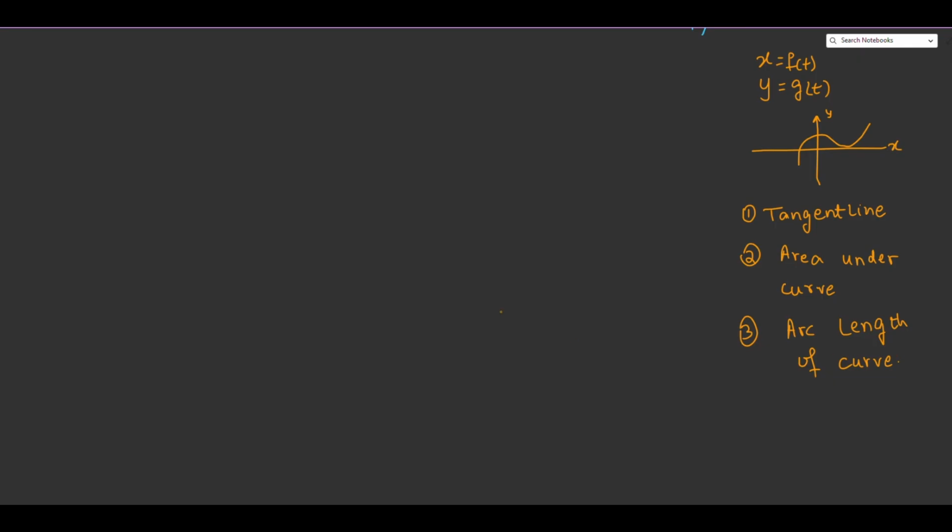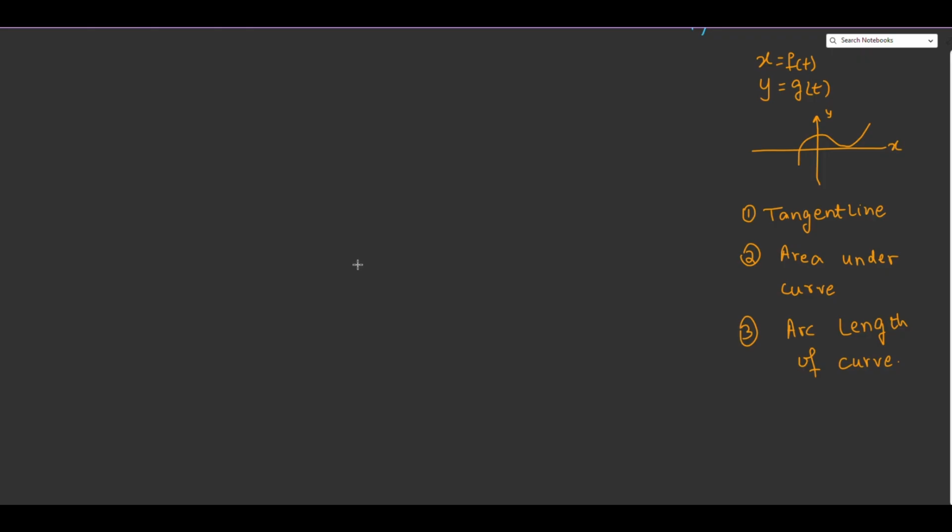Now, what is our main goal? Our main goal is to find, if a polar curve is given to us, how can we find the equation of a tangent line to a polar curve, the area under the polar curve, and the arc length of a polar curve. So these are the topics we will discuss in the next topic.